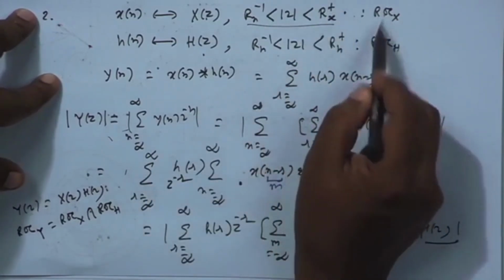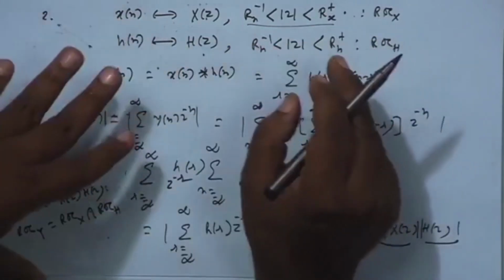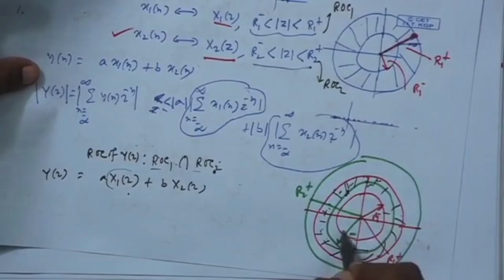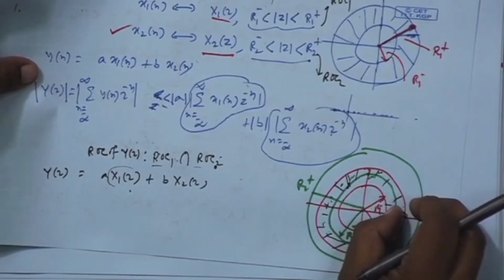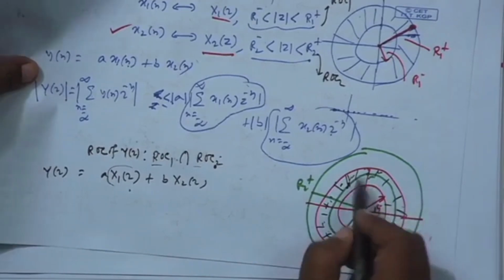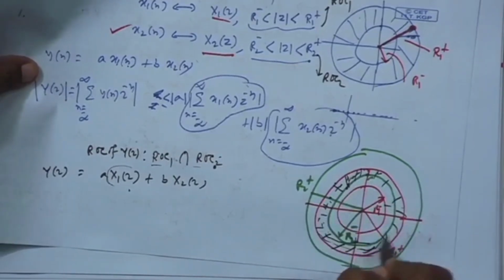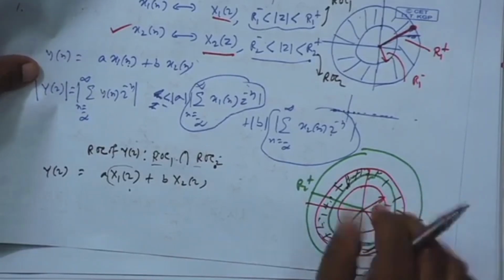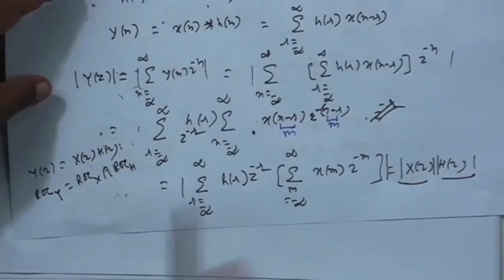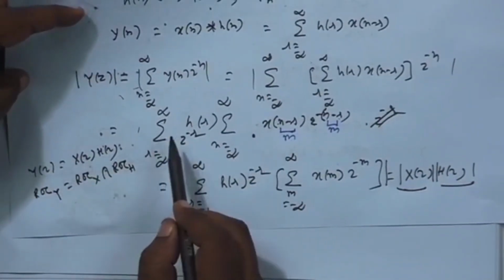So, if the two ROCs overlap, there is an intersection like in my previous diagram, the common area between the two red circles and the two green circles, and their common area is this shaded part. If such an overlap or intersection exists, then that will be the ROC of y, and there if I pick up z from there, then Y z will be X z times H z.